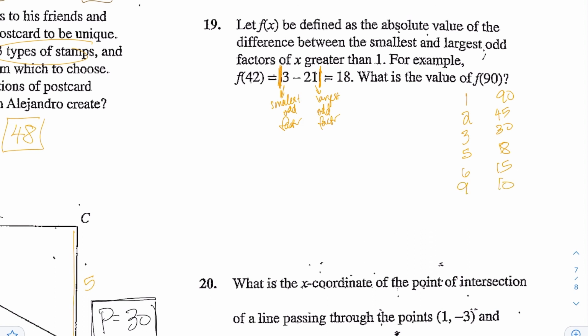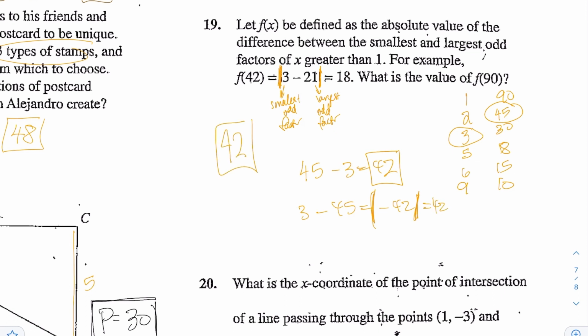You also have 9 and 10, and those are the last ones. So the greatest odd number is 45. The smallest one that's not 1 is 3. So you have to do 45 minus 3, which is equal to 42. You can also do 3 minus 45, which is equal to negative 42. But when you do the absolute value, you get positive 42. So the answer here is 42.